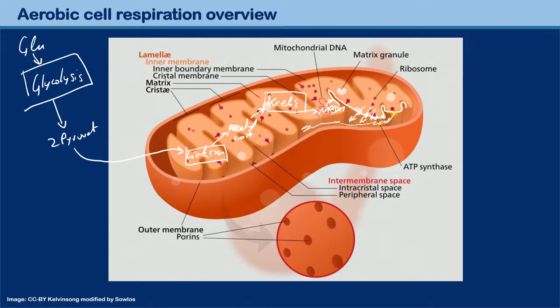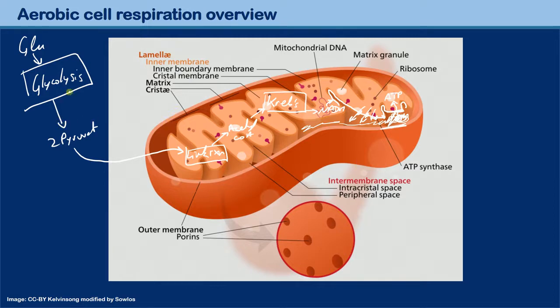These hydrogens then go back over here to make ATP in oxidative phosphorylation or electron transport. So that is the rough overview of the whole process, linked together with a drawing of the mitochondrion.